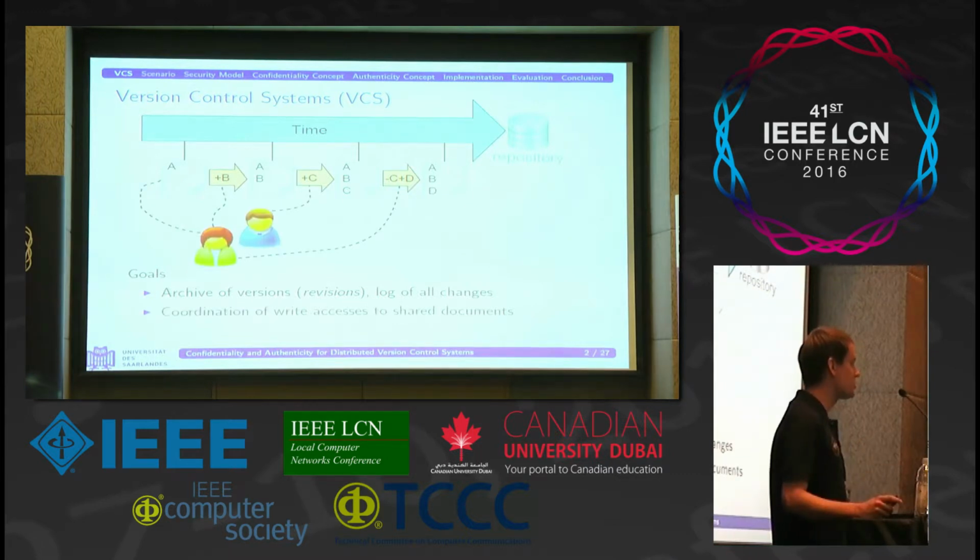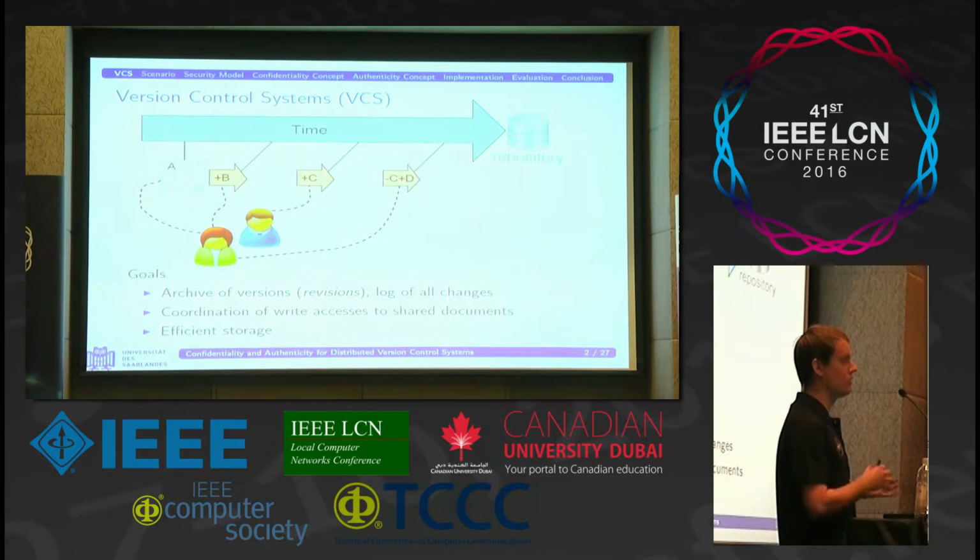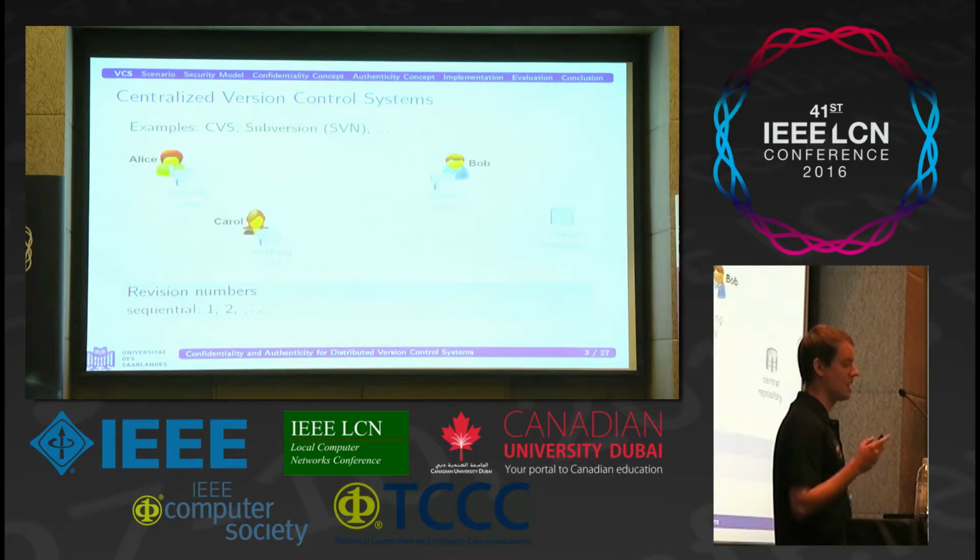These systems usually allow different users to work together on some project, and for this, write accesses of different users are coordinated by those systems. To be able to deal with lots of revisions, these systems do not store document versions in their entirety, but only actual differences between document versions.